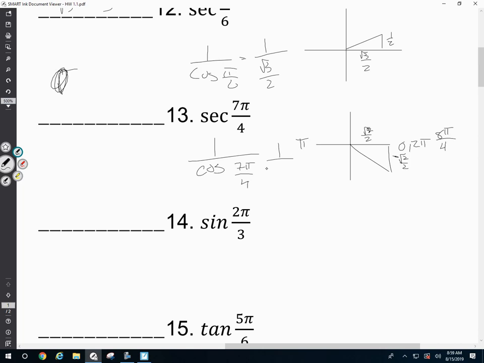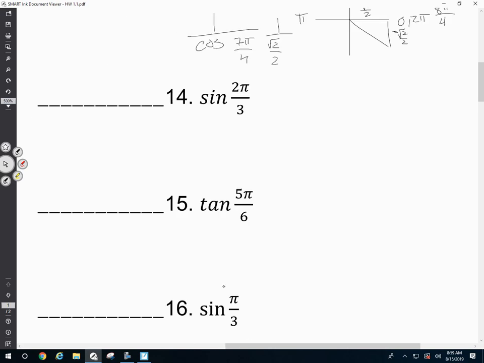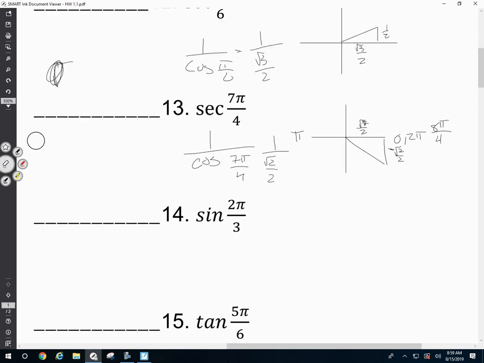So I have 1 over root 2 over 2, which is the same as 2 over root 2, which is the same as 2 root 2 over 2, which is the same as root 2. And a reminder, you can multiply the top and bottom by root 2 to get this.